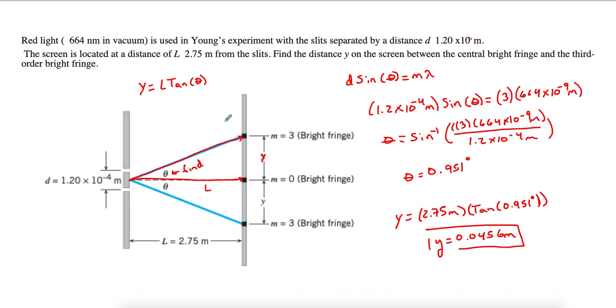Really small distance between the third and the first. And these are evenly spaced, so you can easily find where the second would be, and you can easily find where the third would be. That would just divide this in 3. And so you can actually find the spacing between each one.